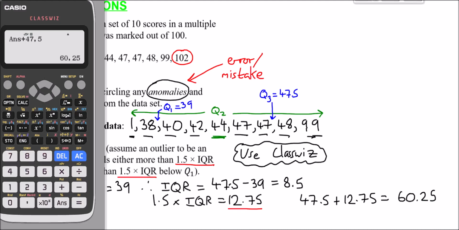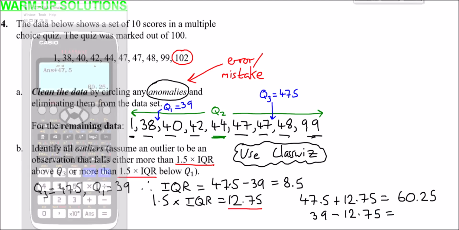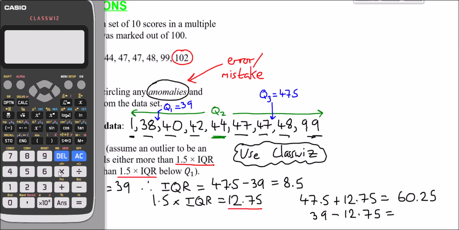And the lower quartile, which is 39, minus 12.75. That's going to give us, as we can see here, 26.25.